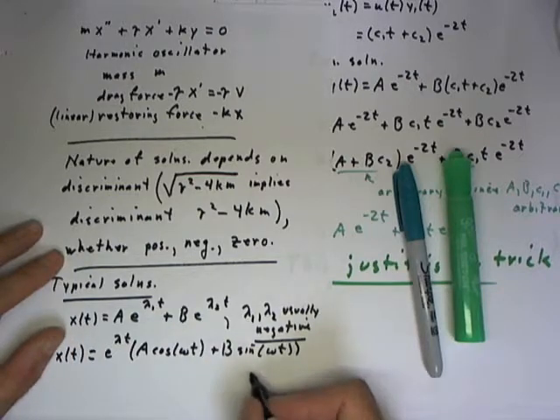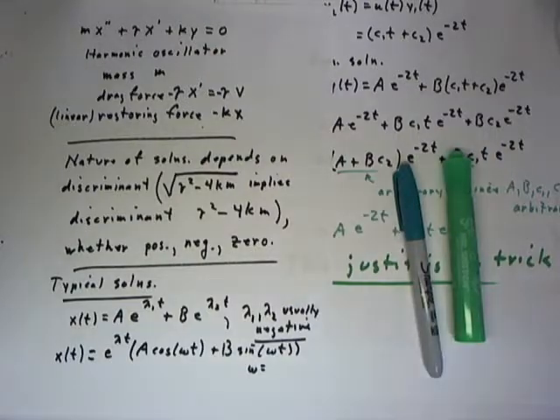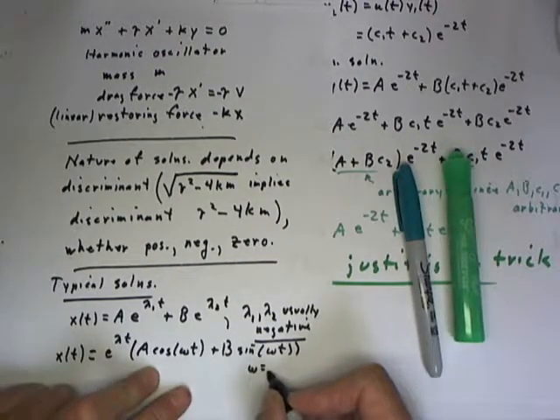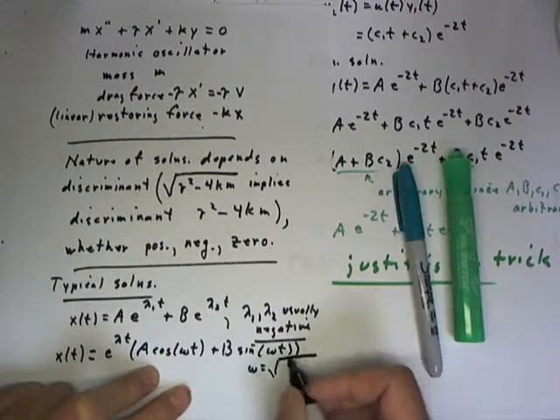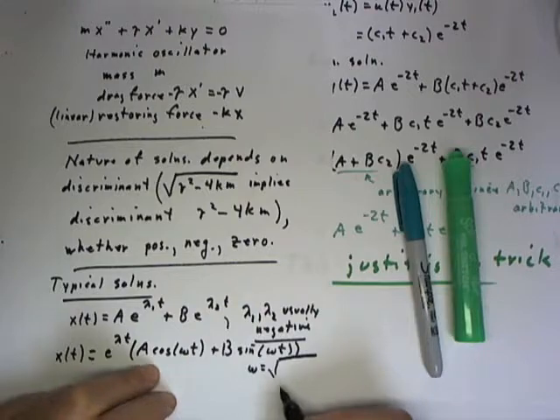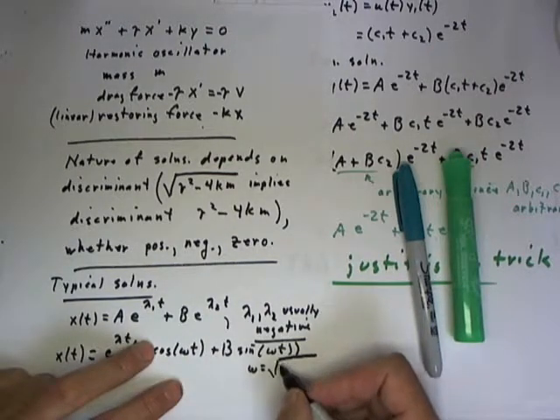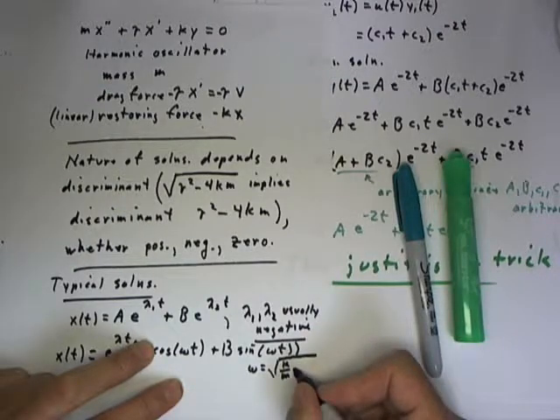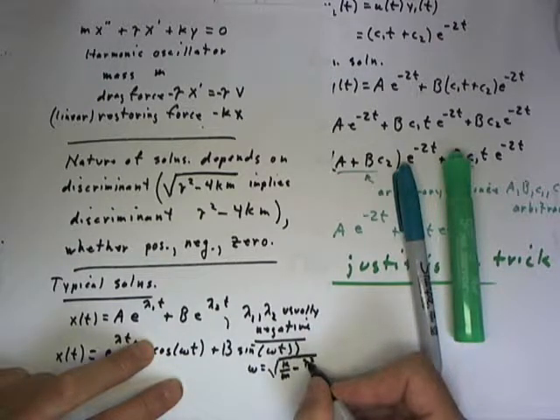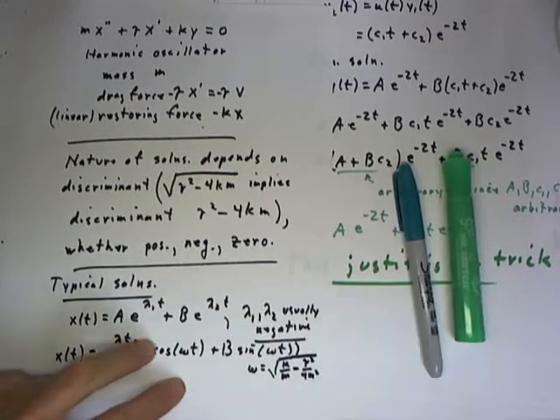Where ω is the square root of, this is going to end up being, k/m minus γ²/(4m²).